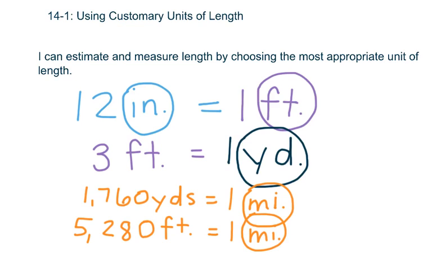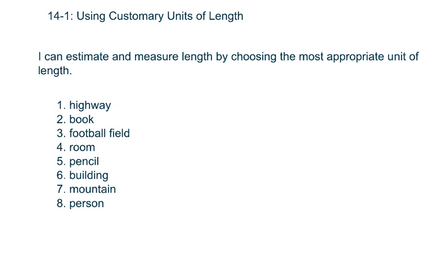To check for understanding, I'm going to give you a list of several items. You're going to pause the video and you're going to decide what unit you think fits best for that particular item or object. Then we'll do a word problem and you'll be ready to practice independently.